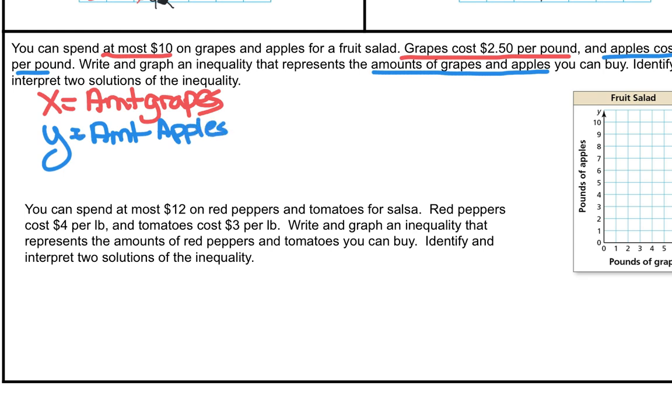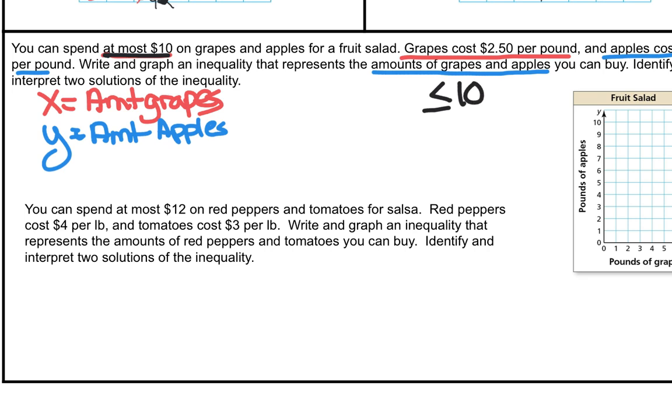Okay, so we said we're going to spend at most. Am I going to go over $10? If I said I'm going to give you at most 100 as a grade, am I going to give you 105? No. So it's going to be less than or equal to 10.